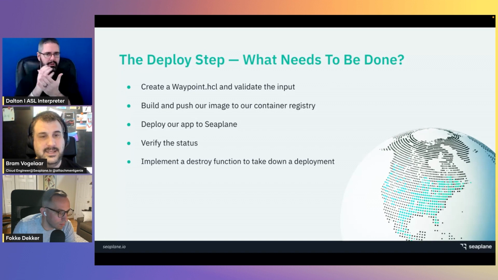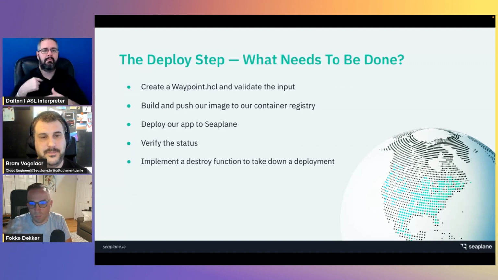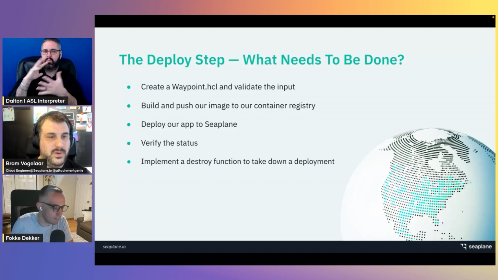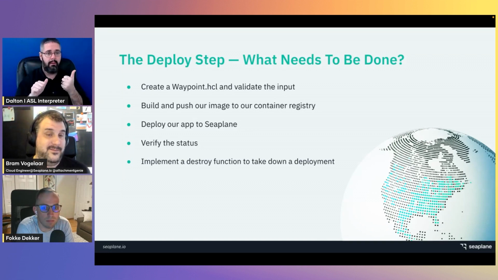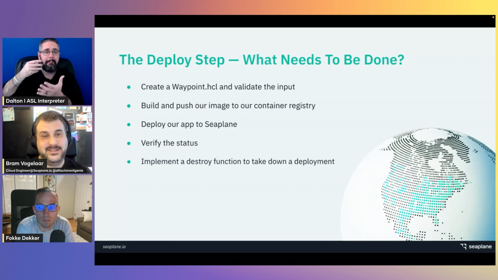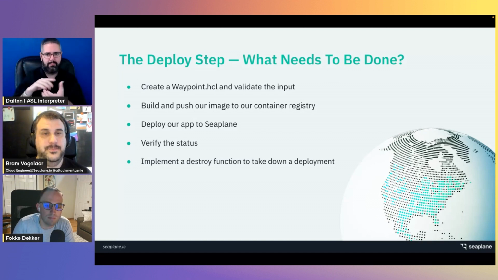We're going to get that status, whether or not it was successful or if it's still converging. And then we're going to implement destroy, because when you live in the cloud, the way you spend the most money is not turning things off. So we made really sure that we implemented this destroy function so we can clean up after ourselves.